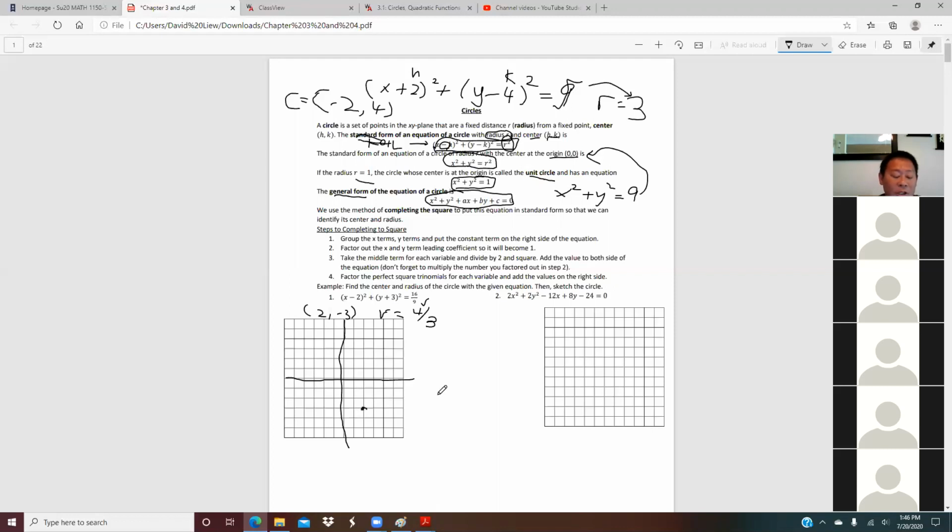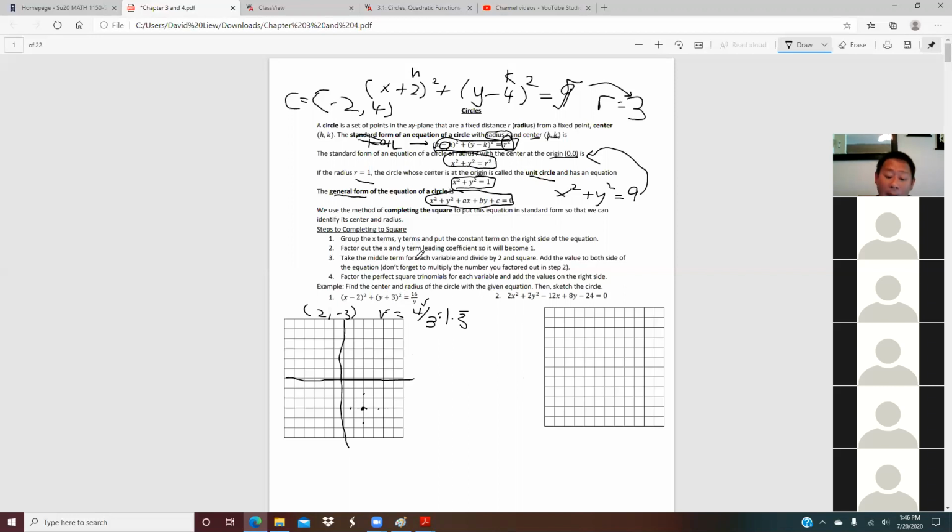So that is your center. And then 4/3, if you use your calculator, is 1.333. So you go 1.333 in each direction, and then you draw the circle for it. You guys okay with how to do this? It's very straightforward, very easy.